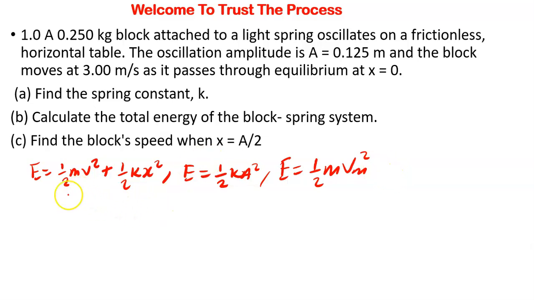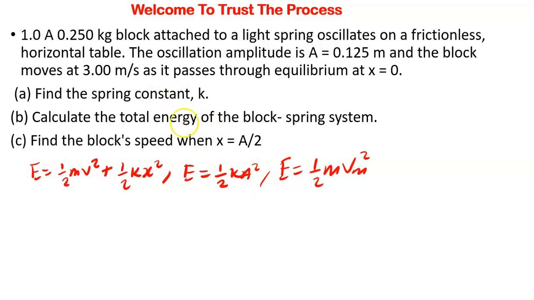As you can see from the first equation, when x = 0 the velocity is maximum. So the elastic potential energy becomes 0, and the total energy becomes equal to the maximum kinetic energy. That's how come we have this equation.